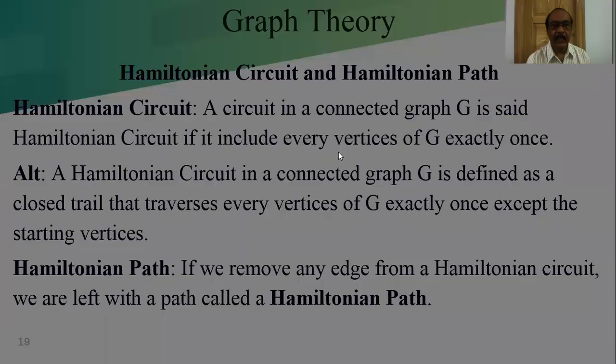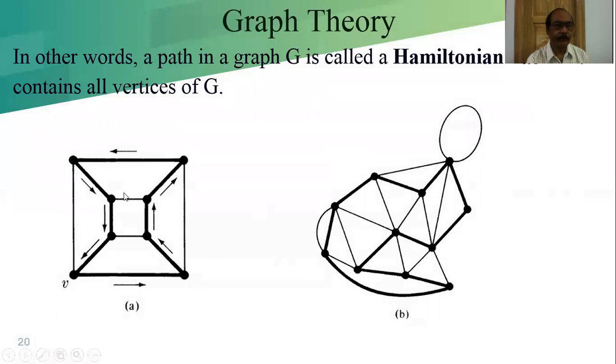Let's see the example. If we start from this, say, when I start, I reach there by touching each and every vertex of the graph, this is known as the Hamiltonian circuit.